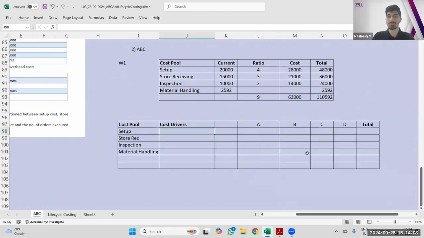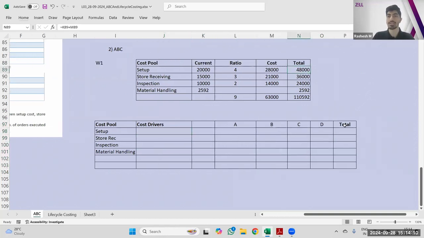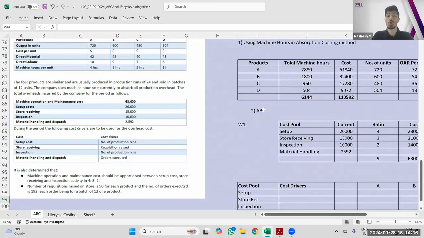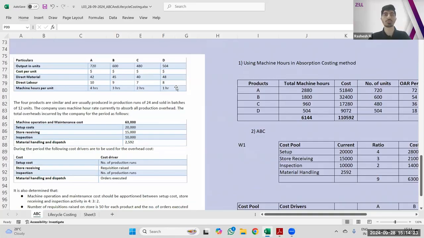So first and foremost, my setup cost, which is 48,000. What is the question telling me? The cost driver is the number of production runs. Have they given me the number of production runs in the question? 24. If you read clearly, it says production runs of 24.